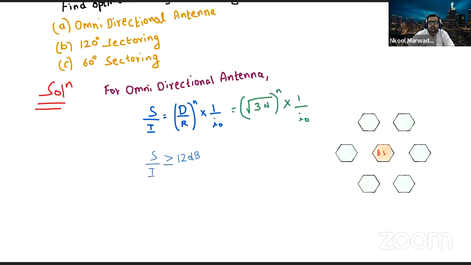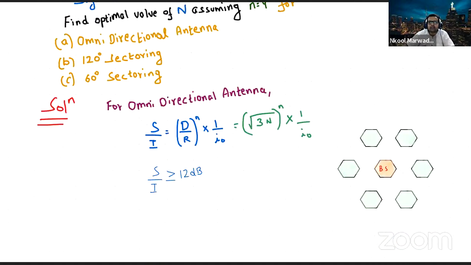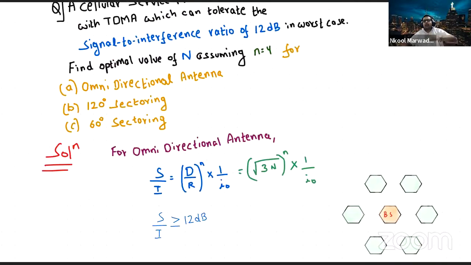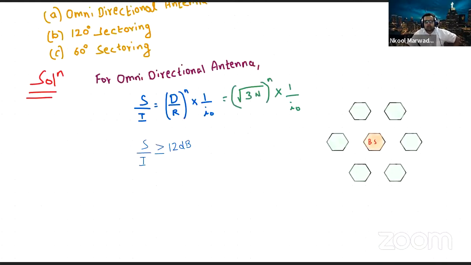So it is given in the question that the worst S by I we can have is 12 dB. S by I cannot go below 12 dB, so it has to be at least 12 dB. Now the formula we are using gives a pure ratio, so we have to get rid of this dB unit, using a technique we have already seen.